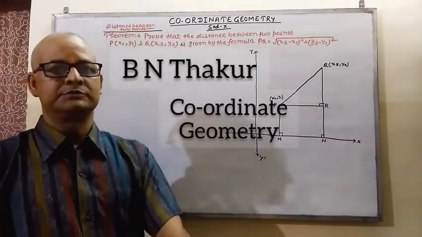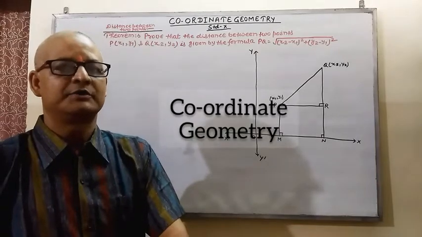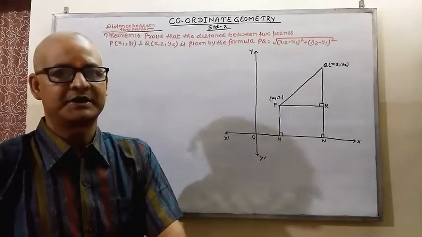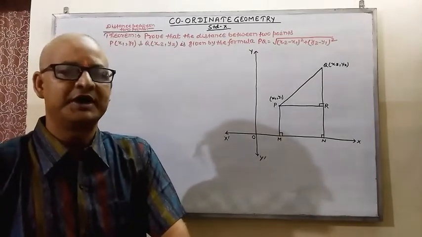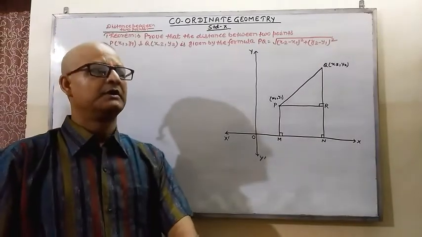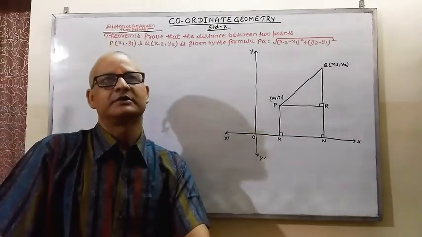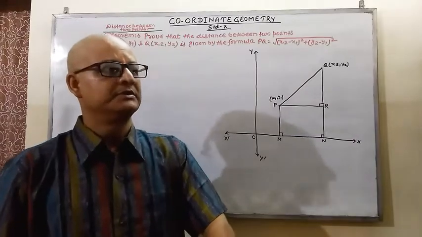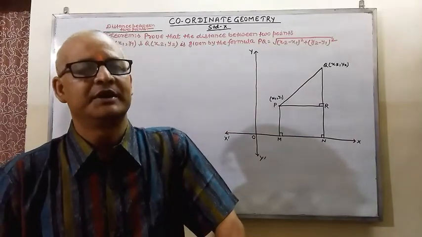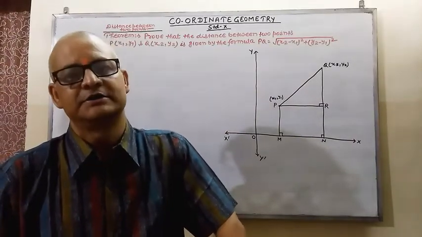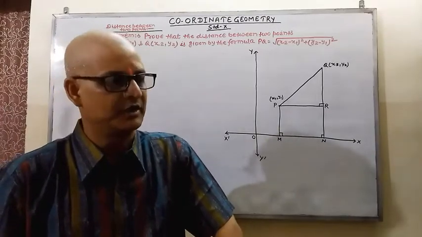Now, today I am starting coordinate geometry for standard 10. In standard 10, coordinate geometry has two things. One is the distance formula and the second one is the section formula.